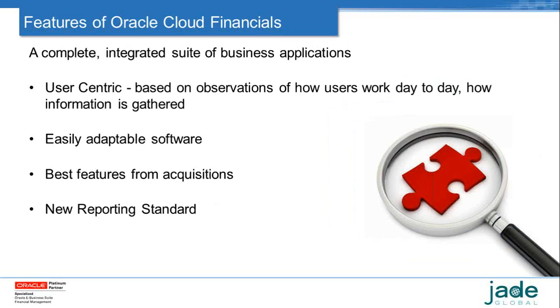As I said, the first one is user-centric. The screens were developed based on the observation of how users work on a day-to-day basis and how information is gathered. Users have a lot of experience in accessing sites such as Amazon.com, iTunes, Facebook, and others. The new design takes these into consideration.